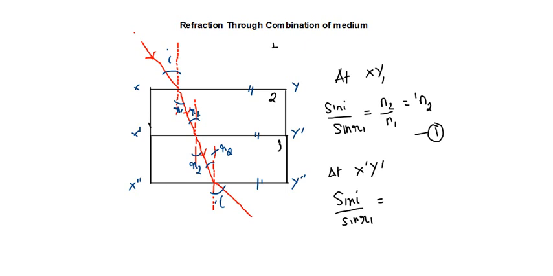It is going from 2 to 3. So n3 by n2, going from 2 to 3. This is equation 2. Fine.